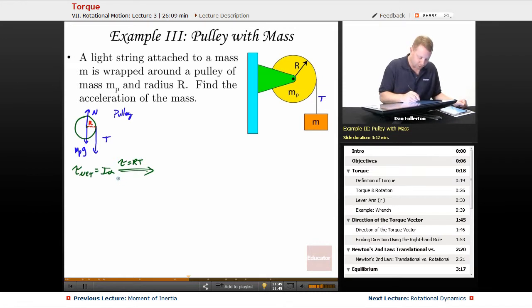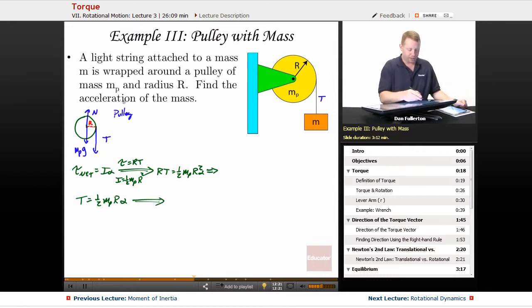And our moment of inertia for a disk is 1/2 mr squared, so our moment of inertia is going to be 1/2 mp r squared. So then our torque, RT, must equal 1/2 mp r squared, times alpha, of course, which implies then that our tension, T, divide r from both sides, is going to be equal to 1/2 mp r alpha.